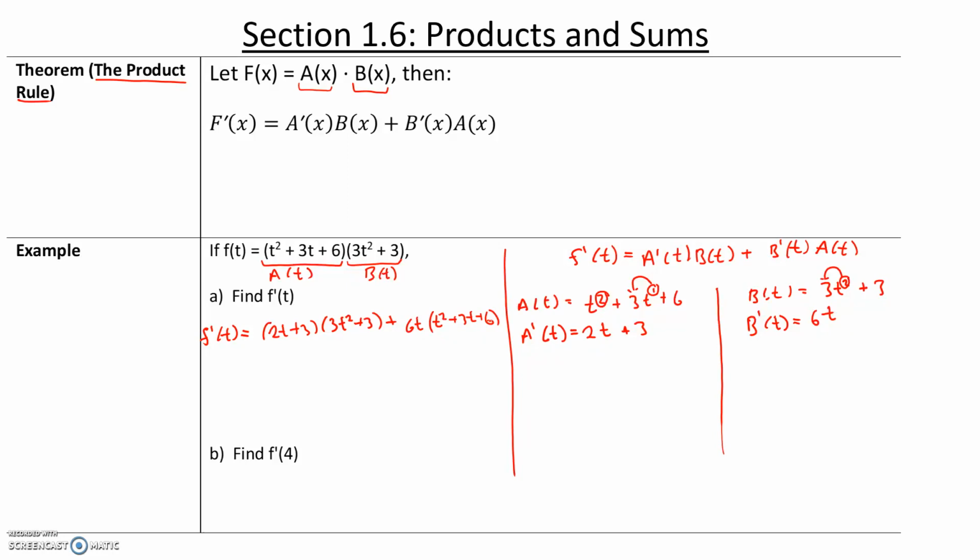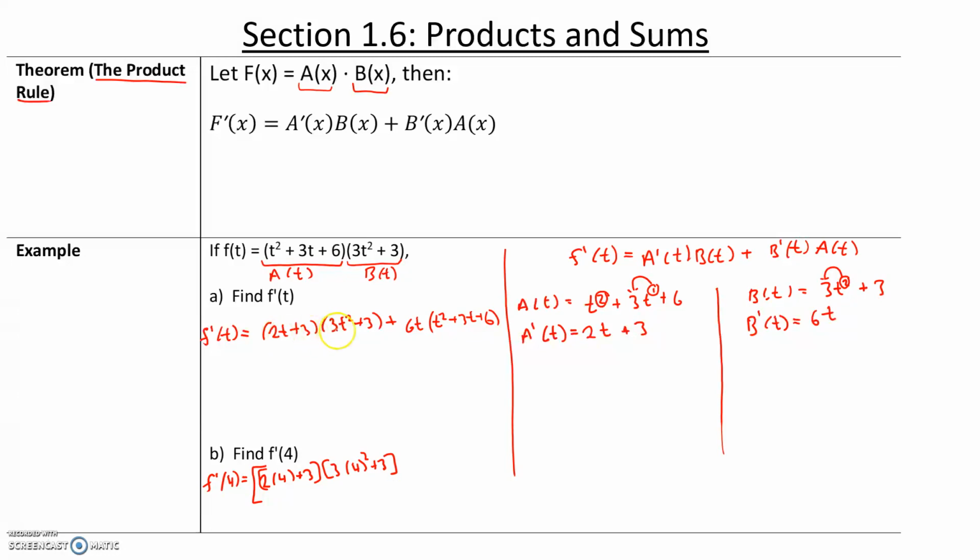Now we need to find out what is f prime of 4. So for f prime of 4, each of these t's will get replaced with a 4. Anytime you have parentheses and you want to replace a variable, that's going to give you another parentheses, so it's easier to use brackets. So here's what we have. We have bracket 2 times 4 plus 3. Times 3 times 4 squared plus 3.